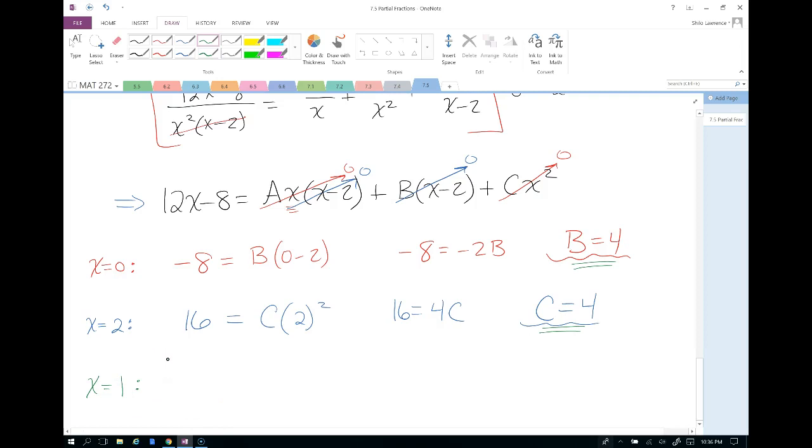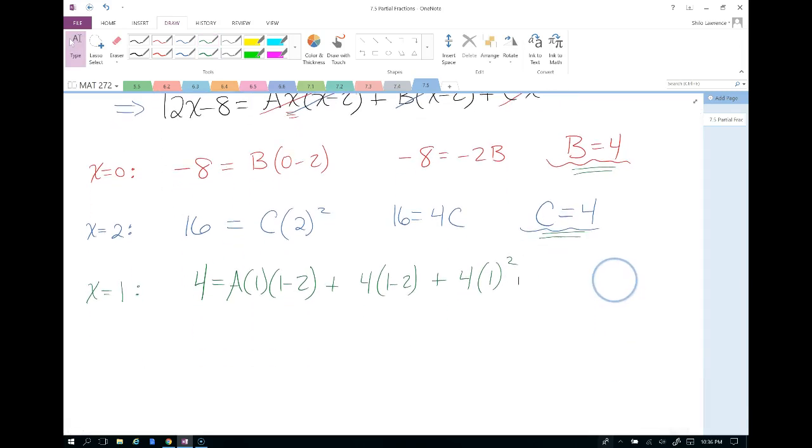So we plug in 1, I get 12 minus 8 is 4. We don't know a, but I'm going to have a times 1 minus 2, plus my b value, which I've already solved and got 4. And then remember, we're plugging in x equals 1, so times 1 minus 2. And then my c value was 4 times 1 squared. A is the only unknown, so we can just do a little bit of quick algebra here and figure out a.